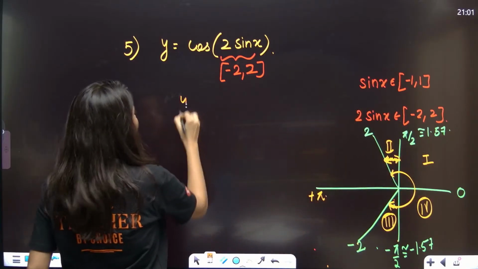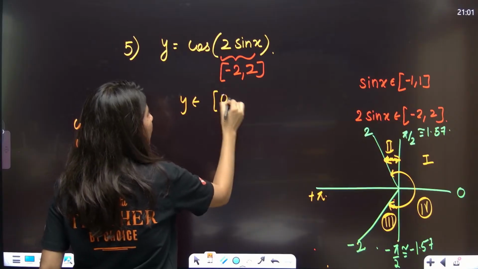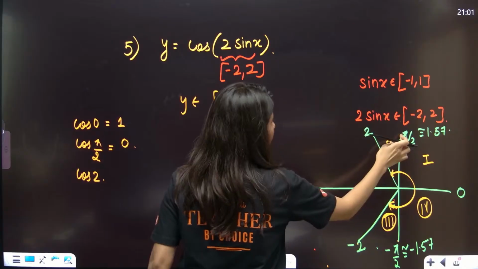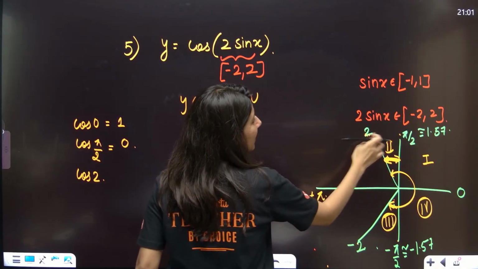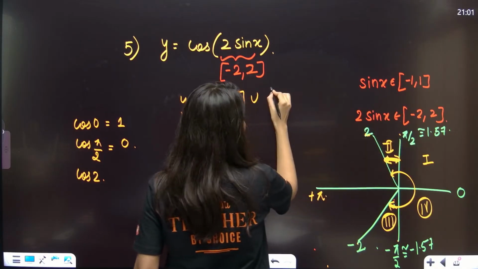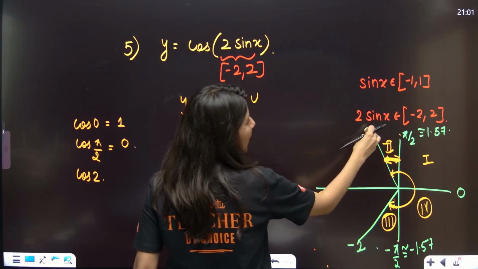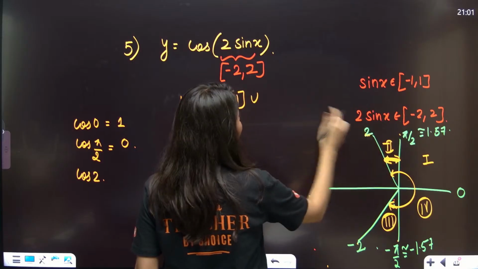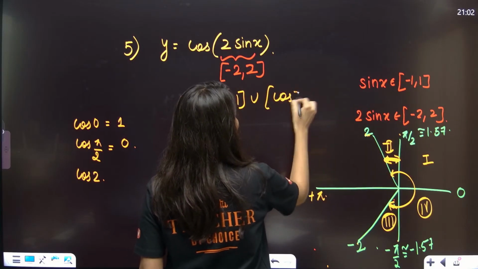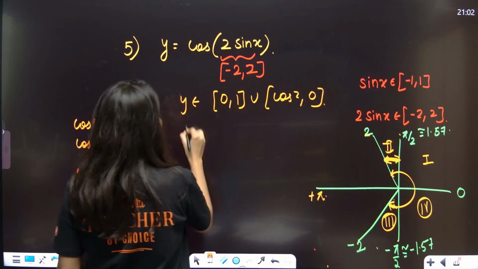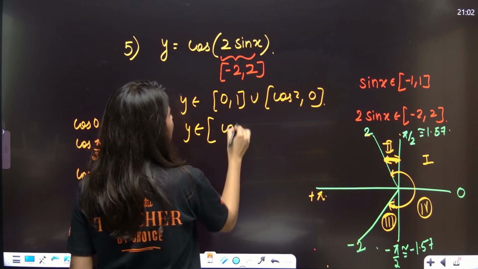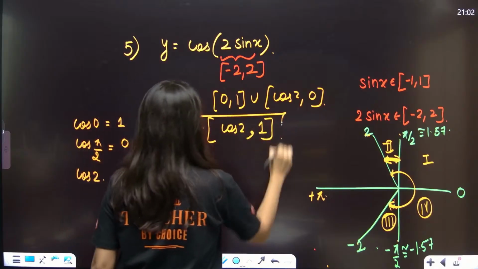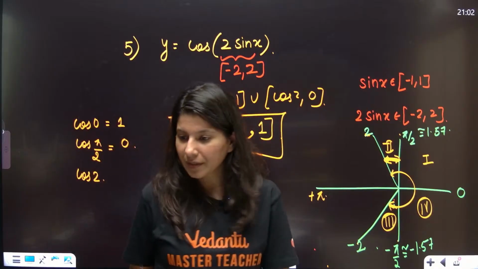So y belongs to 0 to 1 union all the values between cos pi by 2 and cos 2. Cos pi by 2 is 0 and cos 2 is a negative value. So union cos 2 to 0. If you combine, y belongs to cos 2, which is a negative value, up to 1. This is the final answer. Understood or not?